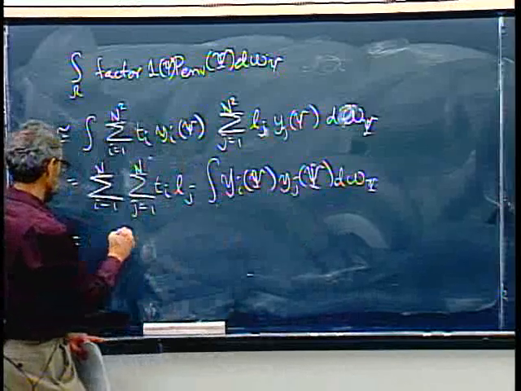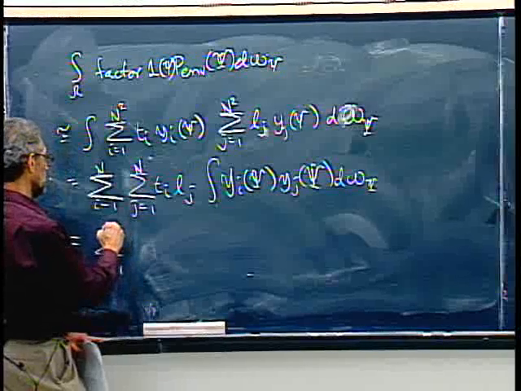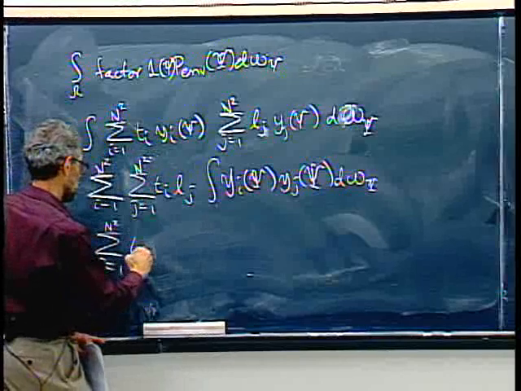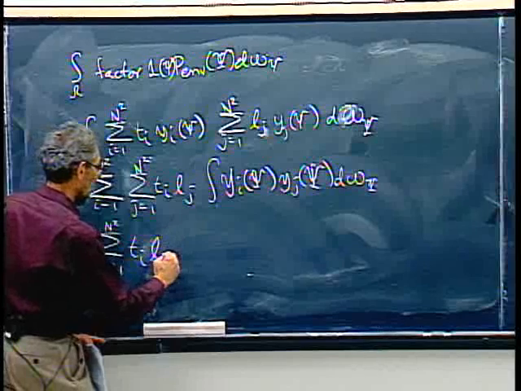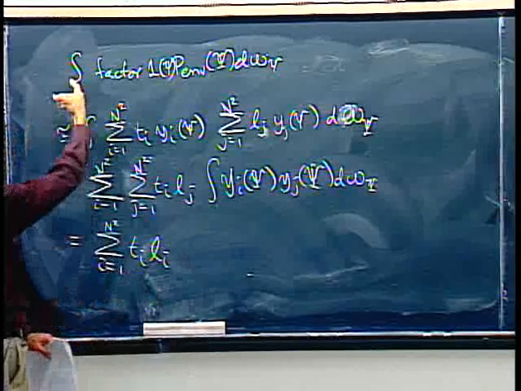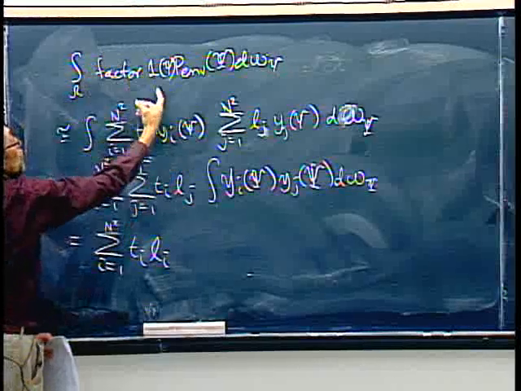So what this really is, the sum i equals 1 to, I should have n squared here, t_i, and then the j has to be equal to i, so it's t_i l_i. Right, so this is an approximation to the extent that this many terms are a good representation.